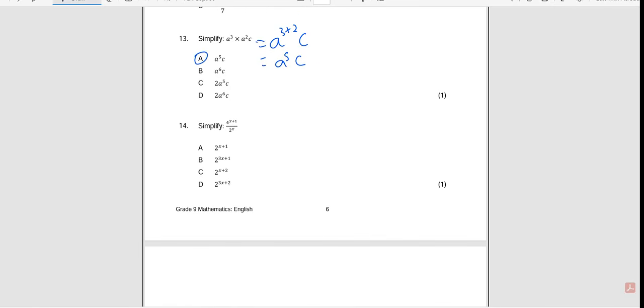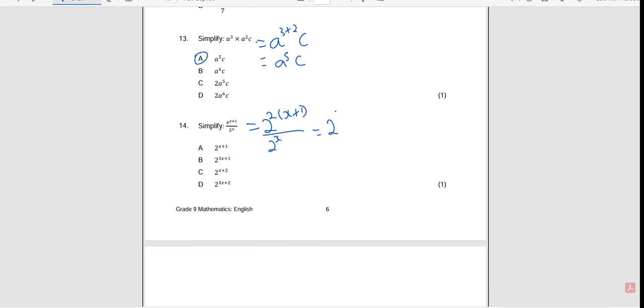14 says simplify. Again, we have a division sign. We know if the bases are the same and we have division, the exponents that are in the denominator must change sign when they come to the numerator. But here we have this 4. The first thing that I'm going to do is to change this 4 into an exponent. This is going to be 2 to the exponent of 2. And then I'll multiply 2 to the x plus 1 divided by 2 to the exponent of x.